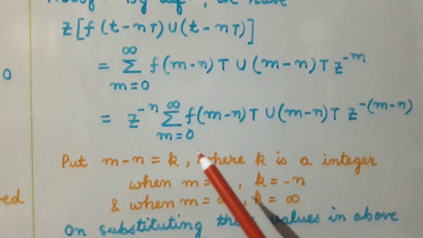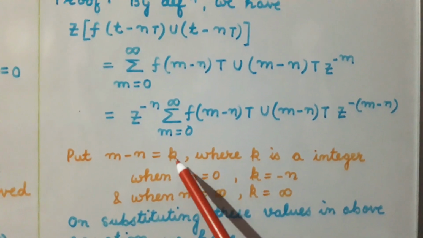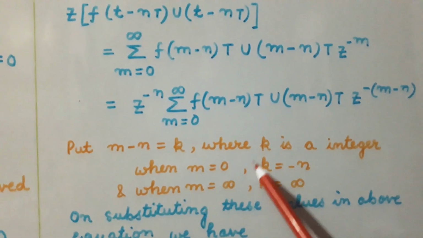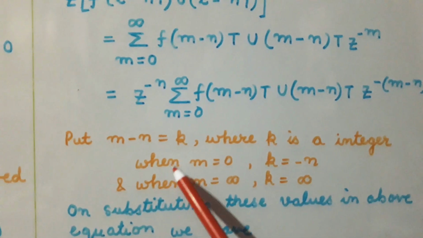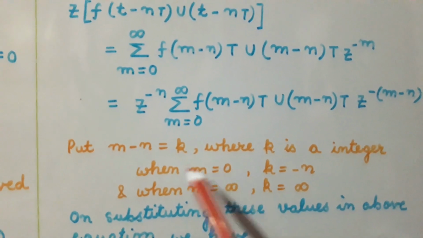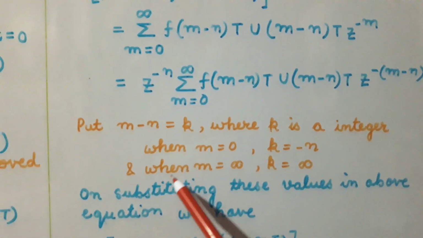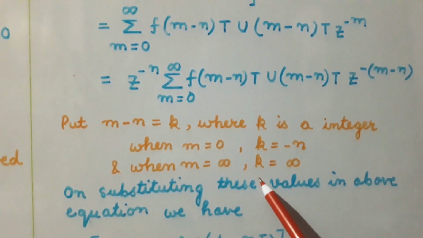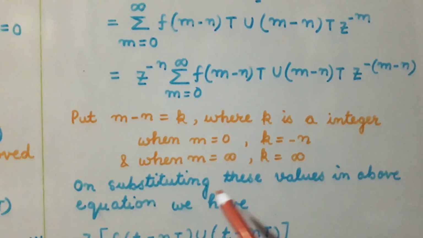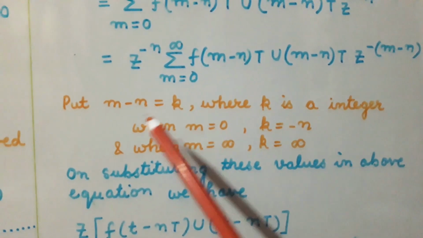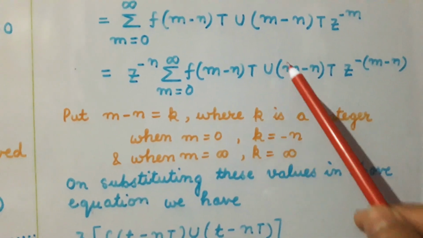Now again we will substitute m minus n equal to k, where k is an integer. Now from this expression, if the value of m is equal to 0, the value of k will be equal to minus n, and when m is equal to infinity, k will be equal to infinity. Now we will substitute all these values in this expression.